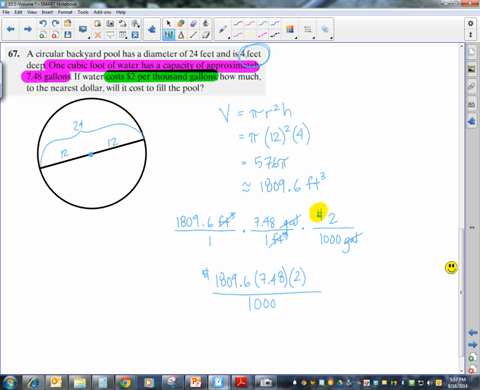And when you put that in your calculator, it's going to give you 27.07. And they asked us to round it to the nearest dollar. So rounded to the nearest dollar, it will cost us $27 to fill up that pool, which seems like nothing when we're making our millions.